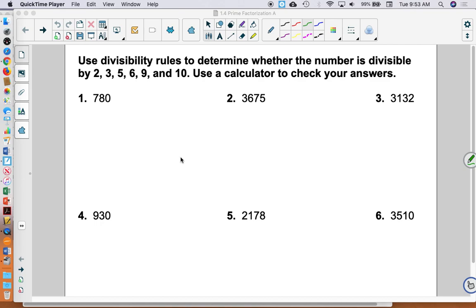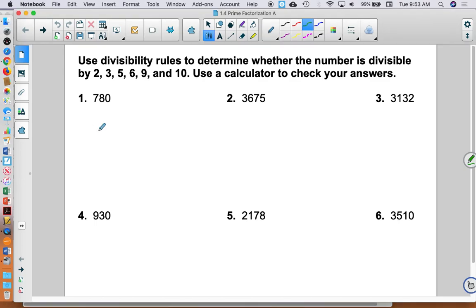With that being said, looking at the rules of divisibility, you're just going to ask yourself on every number: 780, is it divisible by 2? Thumbs up, yes. Thumbs down, no. Is it divisible by 2? Need to have a thumbs up.